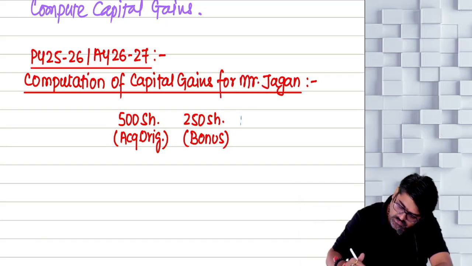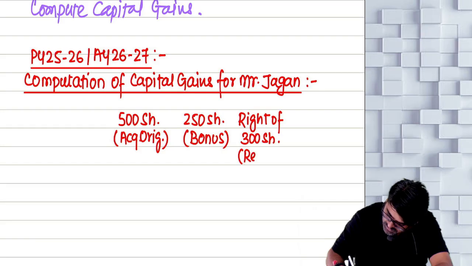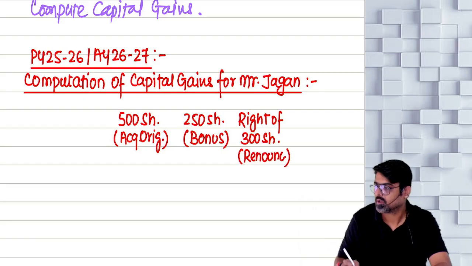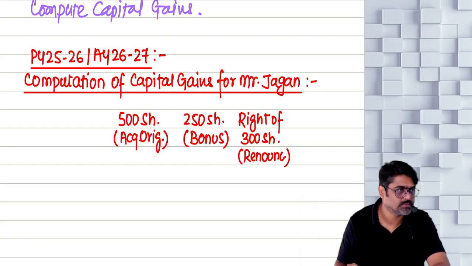Right entitlement. Right of how many shares? 300 shares which is renounced. Yes or no? For that right also you are going to calculate the capital gain.